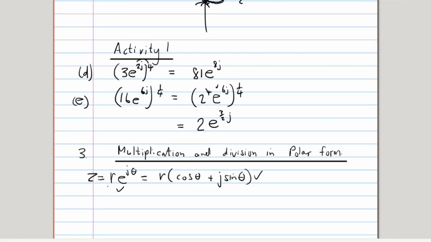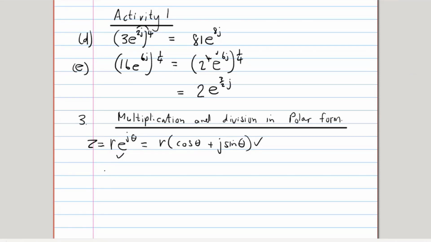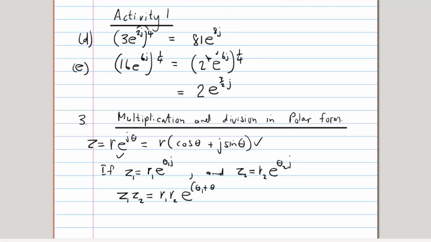Now, if we consider multiplication in polar form, say z1 is equal to r1 e to the theta 1 j in exponential form, and z2 is r2 e to the theta 2 j. We're just reiterating this: in exponential form, the product is the product of the moduli, and we add the arguments in the exponent.